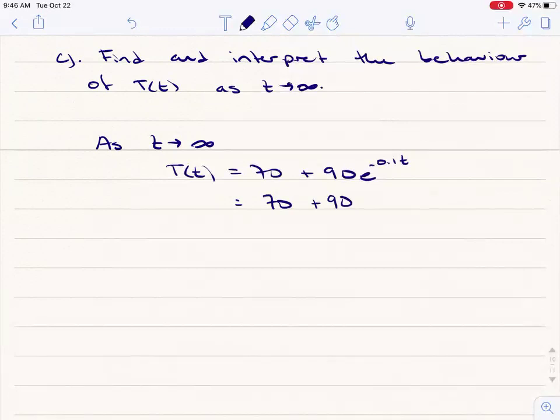If we plug in infinity for t, we get this very big t, and then we multiply it by negative 0.1. Even though it's 0.1 times infinity, it's still going to be huge, but negative. So what we have is times e to the power of a very big negative.